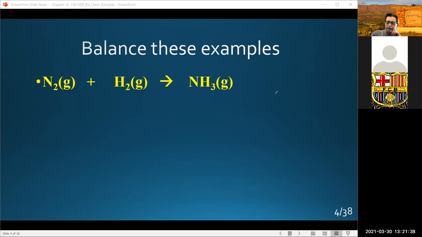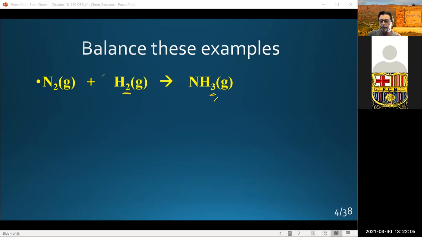So we got to balance them. Now, the simplest thing we can do, hopefully you can recognize that. Remember when we were putting formulas together when we had a +2 and let's say a +3 and a -2 ions, and we're putting them together, we were looking for a common factor. You can use that same technique here. See, I got 3 hydrogens here, but 2 hydrogens here.